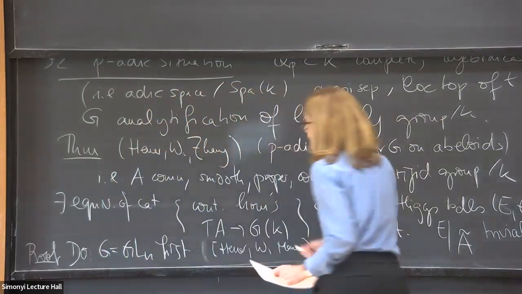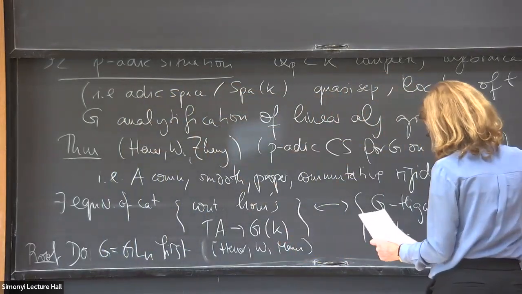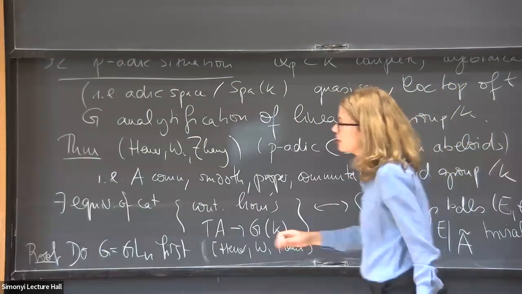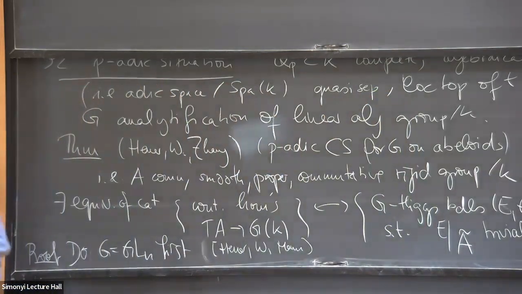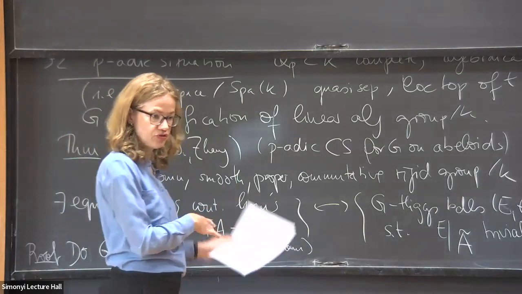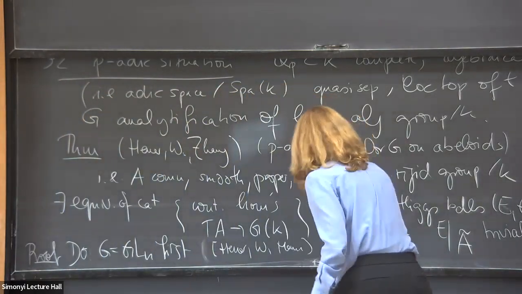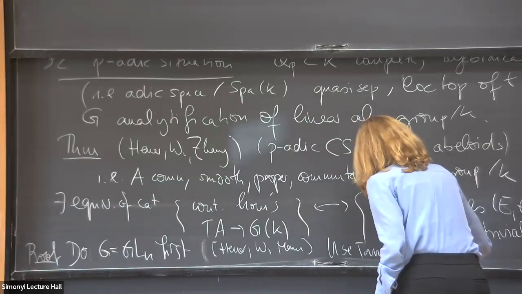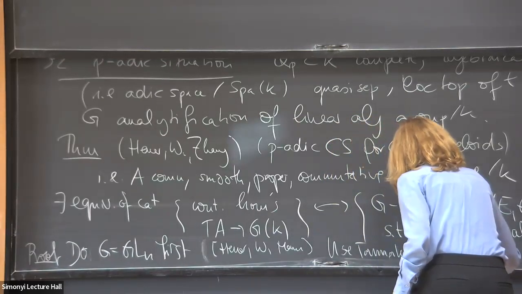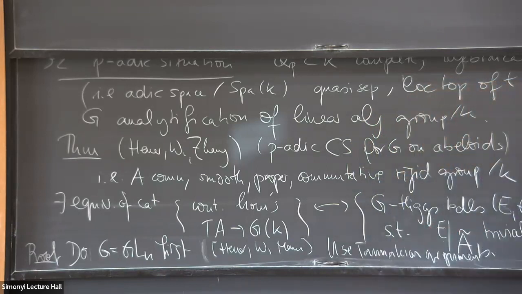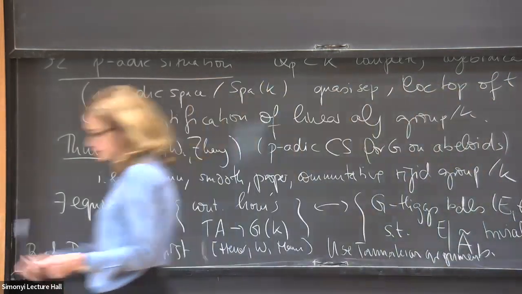And then in this preprint with Ben and Mingjia, we show how you can adapt Tannakian arguments from Scholze-Weinstein's book to this situation to deduce this case. Use Tannakian. This was fun, but not so very surprising that this worked. Okay.